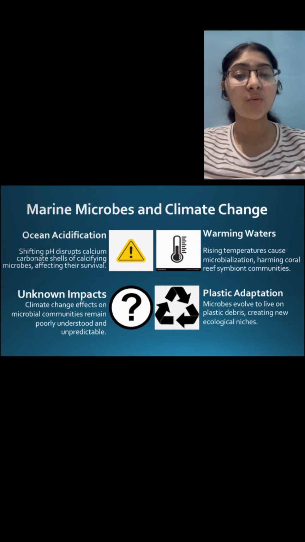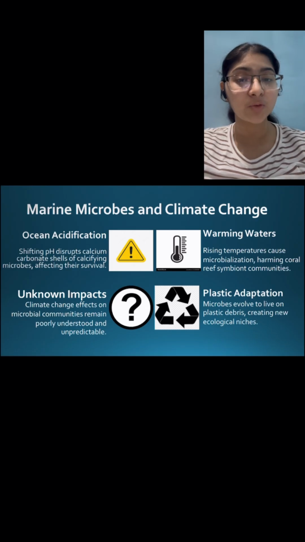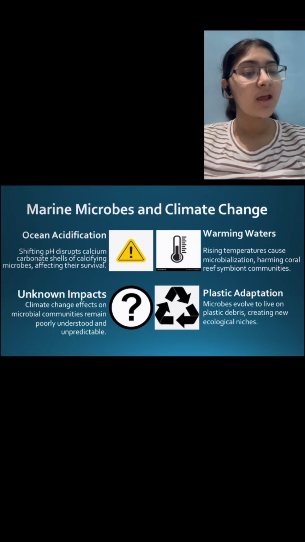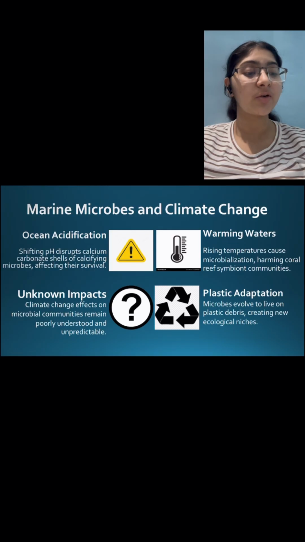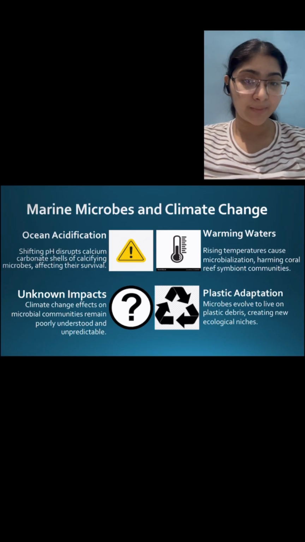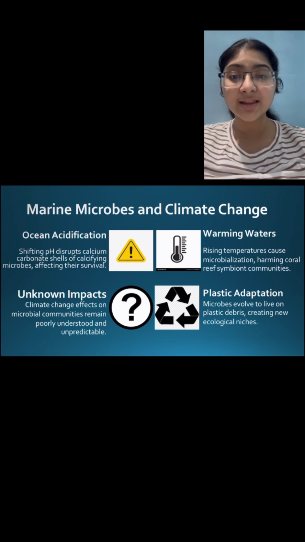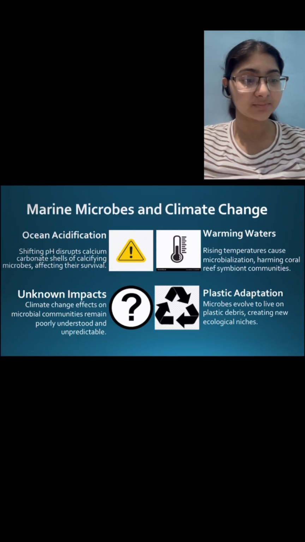As we all know how much plastic is causing harm to our ocean microorganisms and to our seawater. Microbes evolved to live on plastic debris, creating new ecological niches. Due to the collection of plastic, many microbes found their homes in those plastic debris, and they live there and create a type of niche over there.